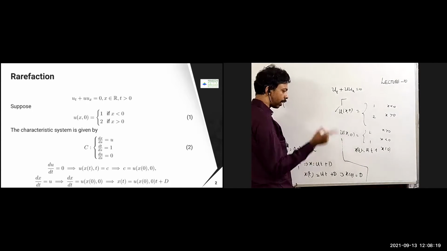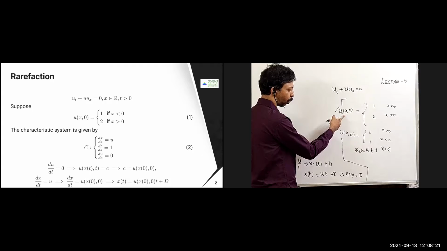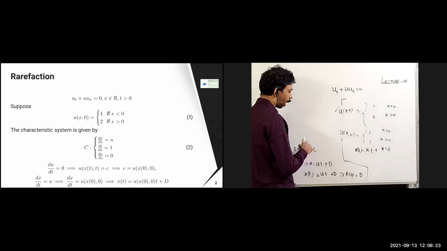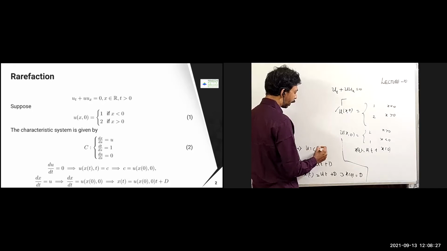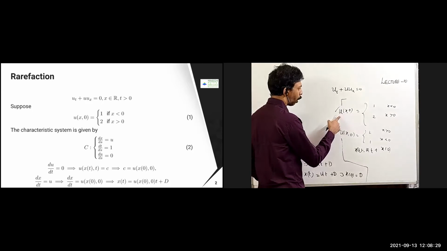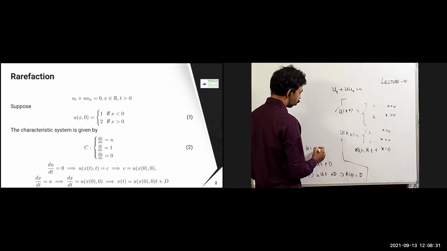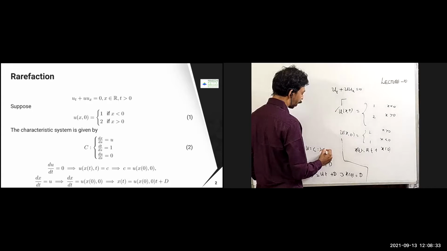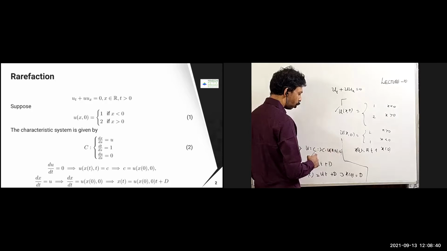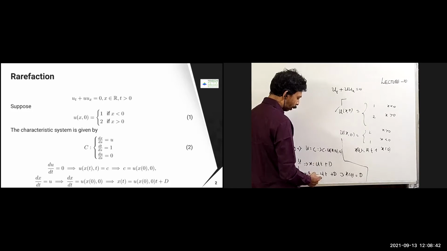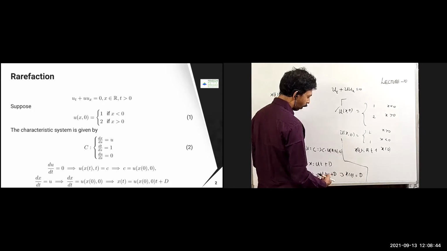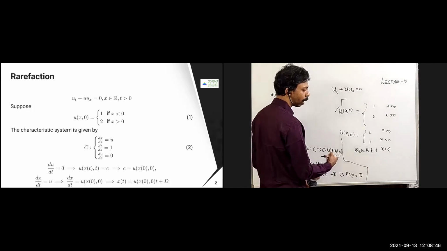I can use the initial conditions, whatever I have, u of x of 0, 0. So u is going to be constant everywhere. In particular, we know what u of x of 0 is, so c becomes u of x of 0, 0. Since c is equal to u of x of 0, 0, wherever I have u, I can replace it with u of x of 0, 0.